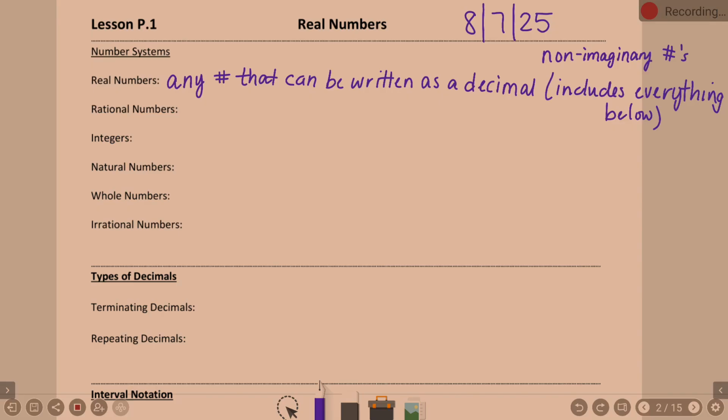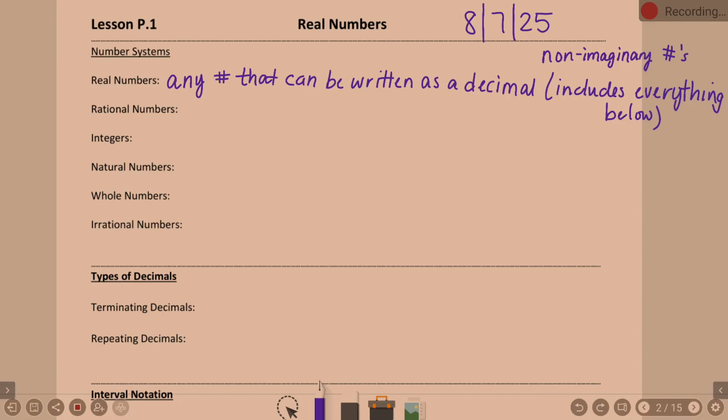So, okay. What do you remember about rational numbers? Are those the ones where the decimal form isn't repeating? Actually, the decimal form could be repeating. They're positive and negative.